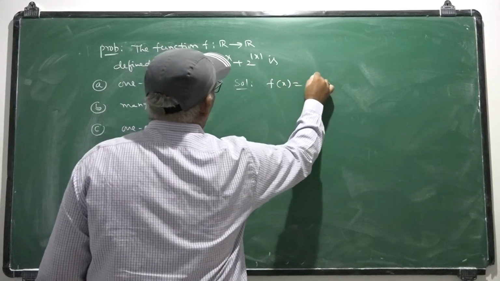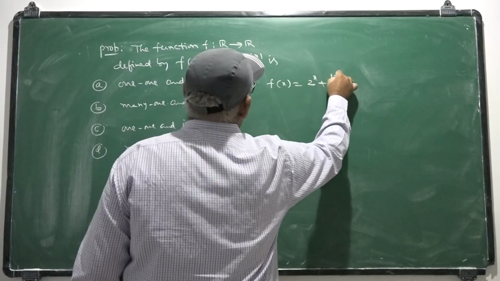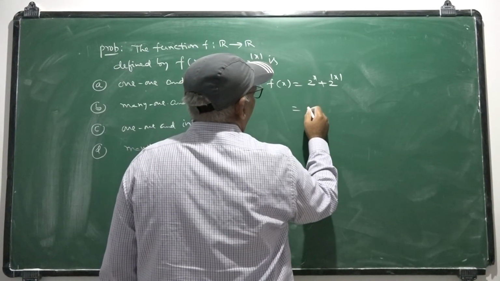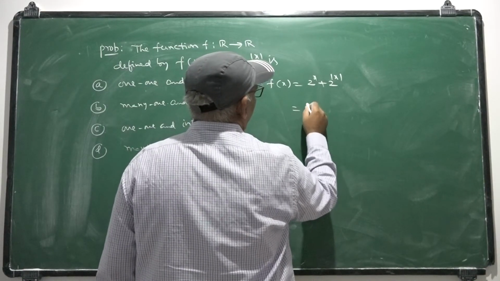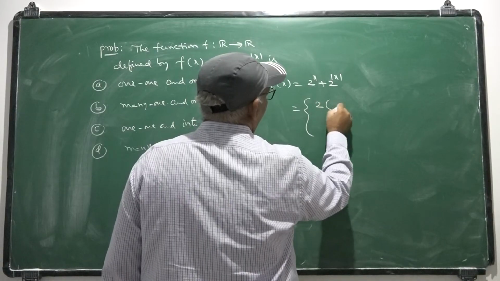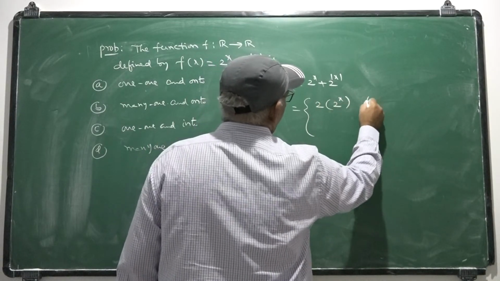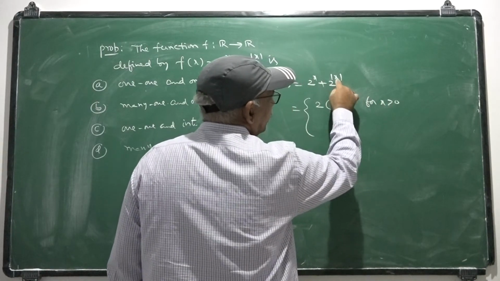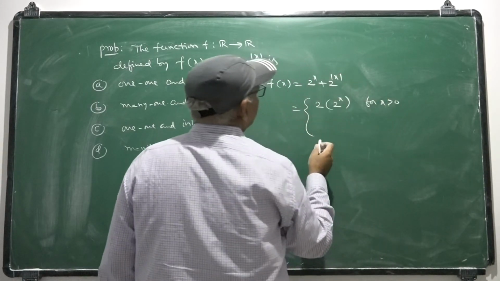f(x) is 2 power x plus 2 power mod x, which is 2 into 2 power x for x being positive, since for x positive, mod x equal to x.